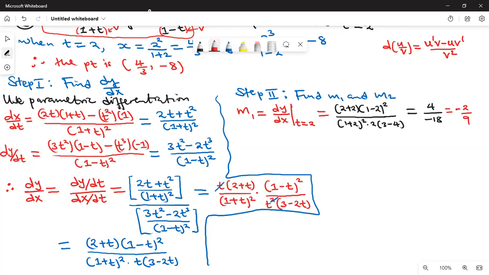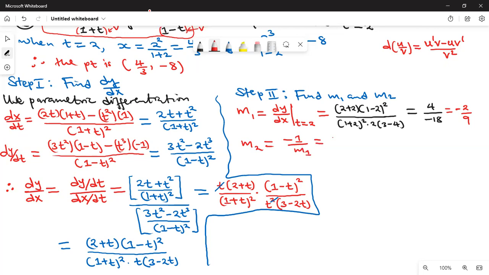And m1 there denotes the slope of the tangent line. So how do you find the slope of the normal line? m2. m2 is equal to negative 1 over m1.